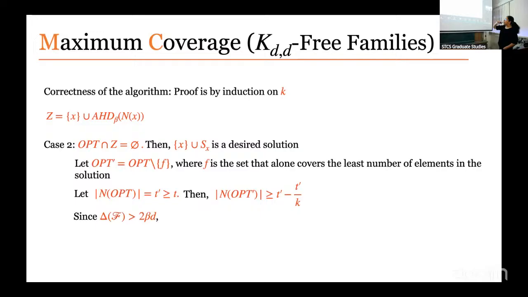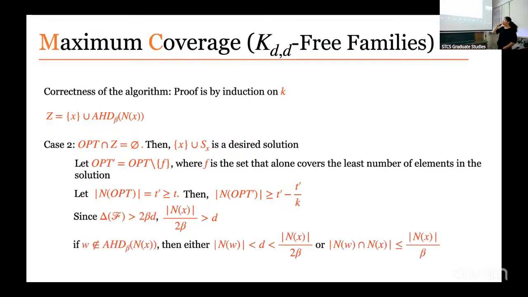We assume we are in the case when the max degree is large, right? Again some calculation. x is the vertex of largest degree. So neighborhood of x divided by 2 beta is greater than d, right? Now, if w is not an element in your AHD, what does it mean?